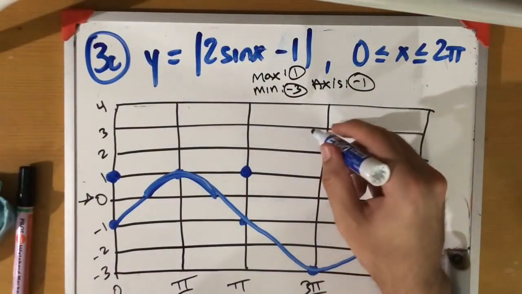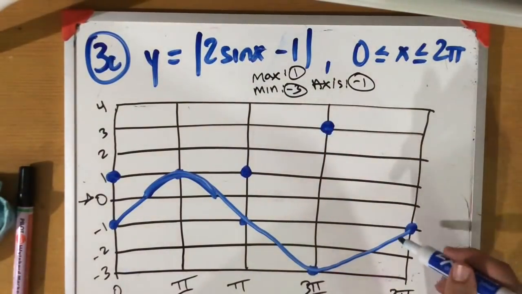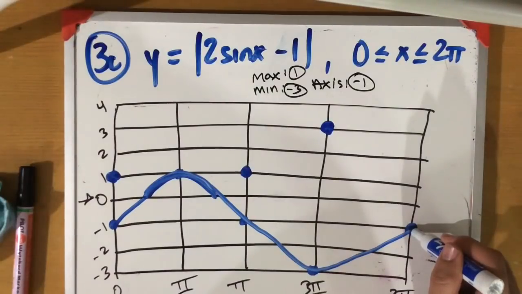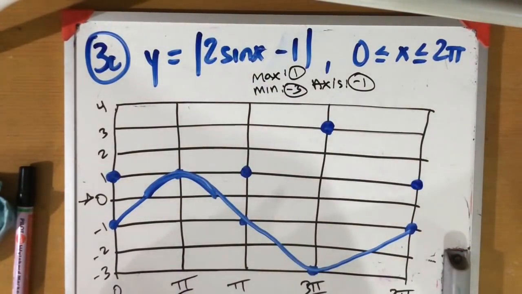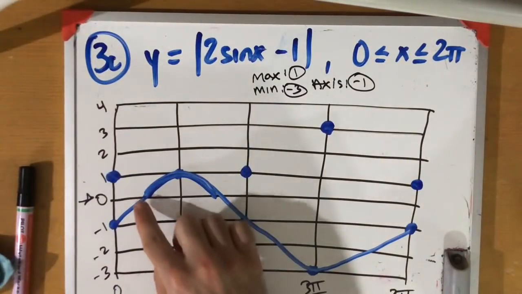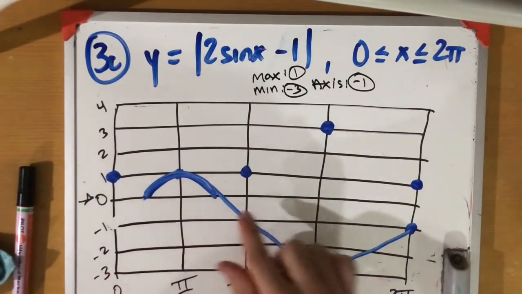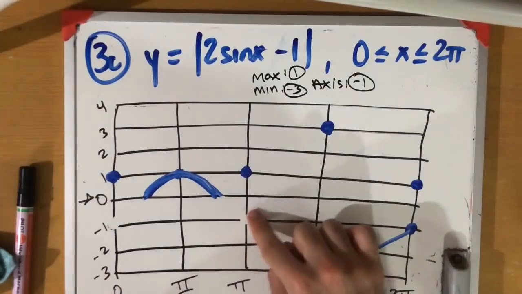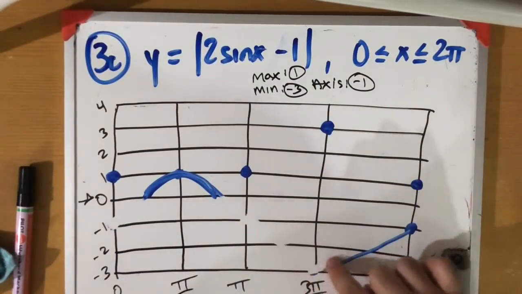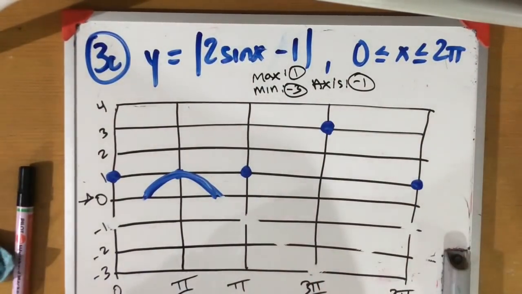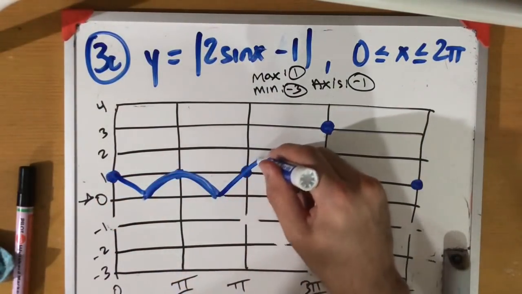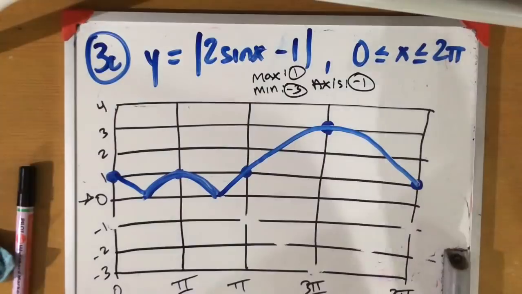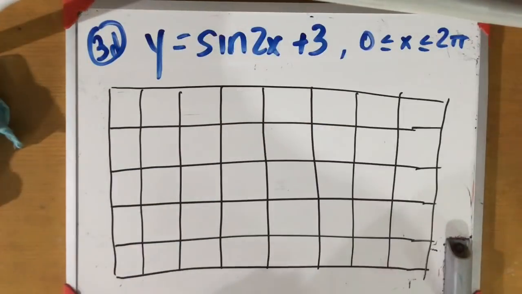This -3 turns into a +3, and then this -1 turns into a +1. Again, reflecting everything above 0. So all of this is going to go away. And what we have here is our new graph, which ends up looking like that.